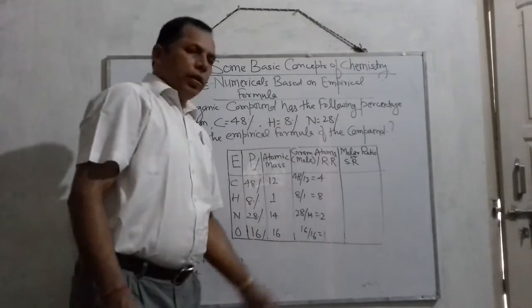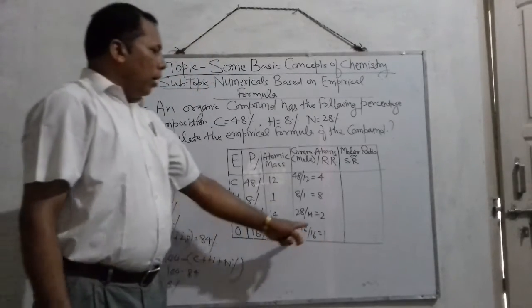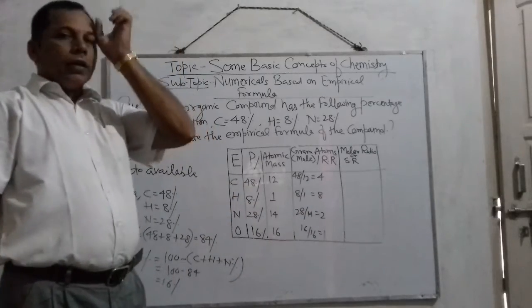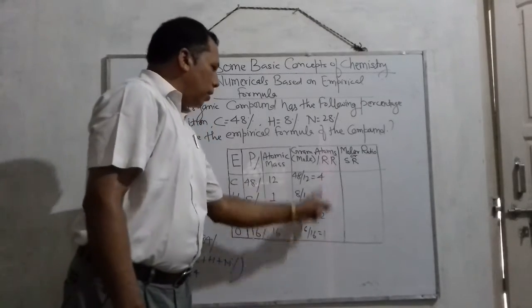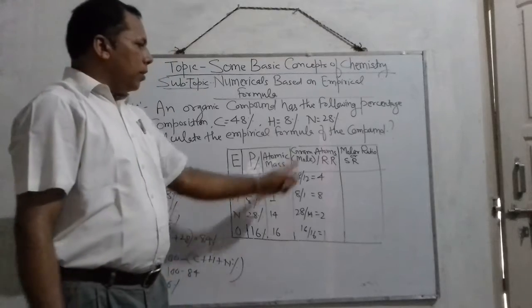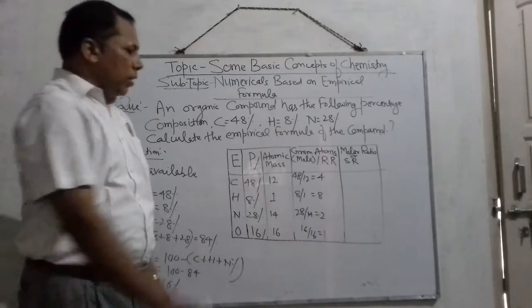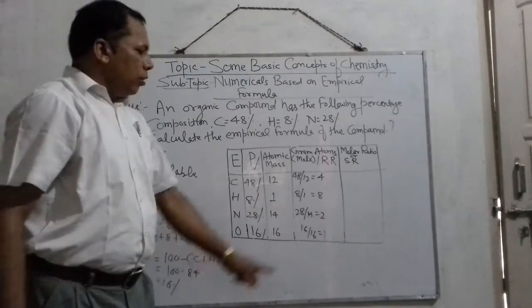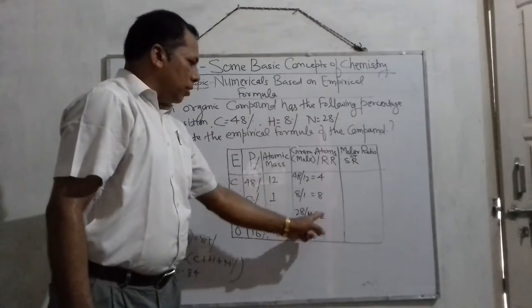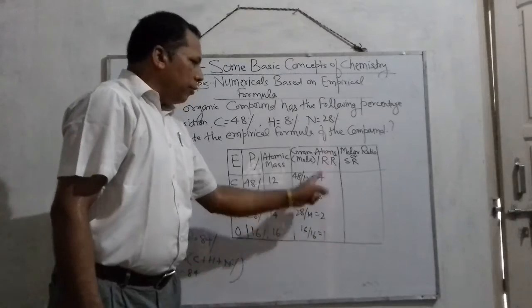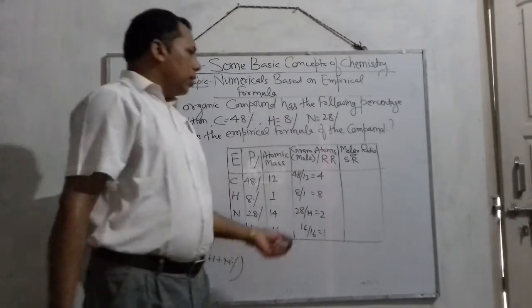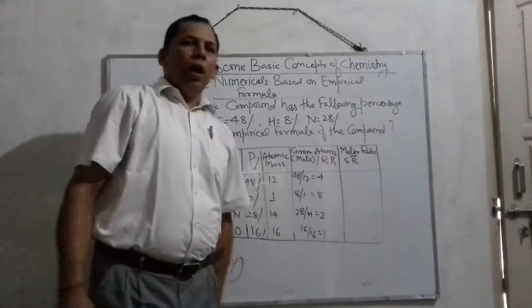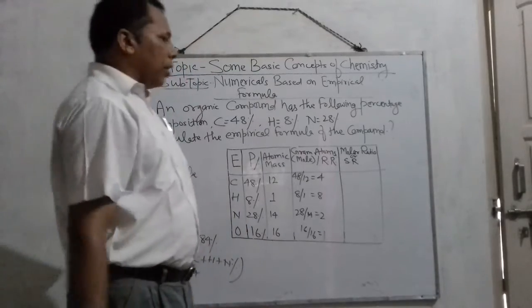Students must remember, now you have to select the lowest value of the relative ratio. In this, the lowest value is 1. So divide each relative ratio by 1, then you will get the simplest ratio, also known as the molar ratio.